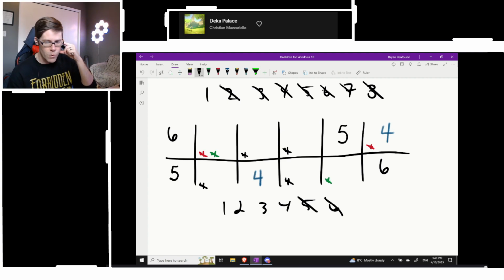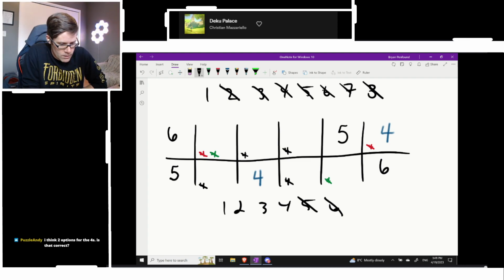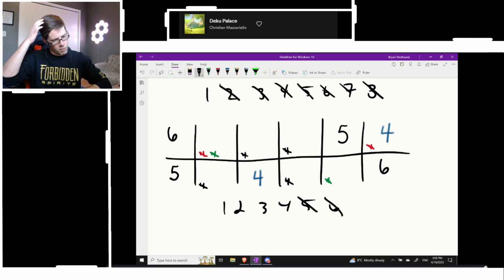And if we can't figure out how to make this work, we're done. We're toast. I agree with you, yeah. So I think the 6 and the 5 are forced, absolutely. And then I had 3 possible positions for the 4s.